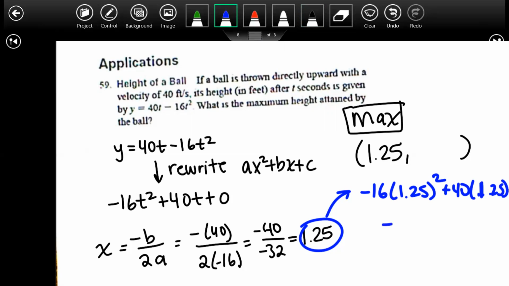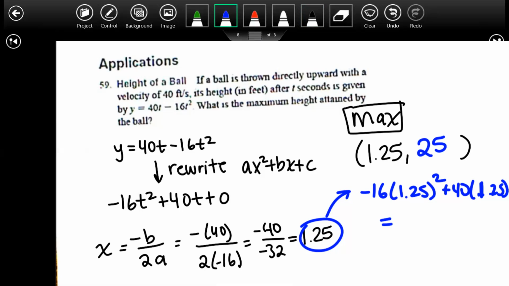What did you guys get for this? 75? Check it again. Negative 16 times 1.25 squared plus 40 times 1.25. What's the height of the ball that is reached?